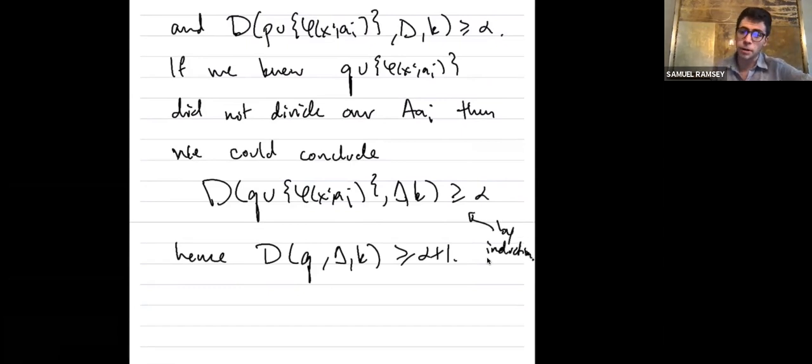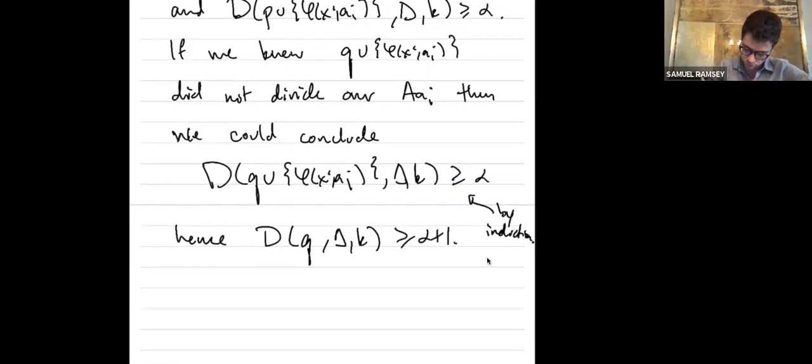Because what was the induction hypothesis? It said that for alpha, if I know that Q is a non-dividing extension of P, then the rank doesn't go down. So why should this be true?